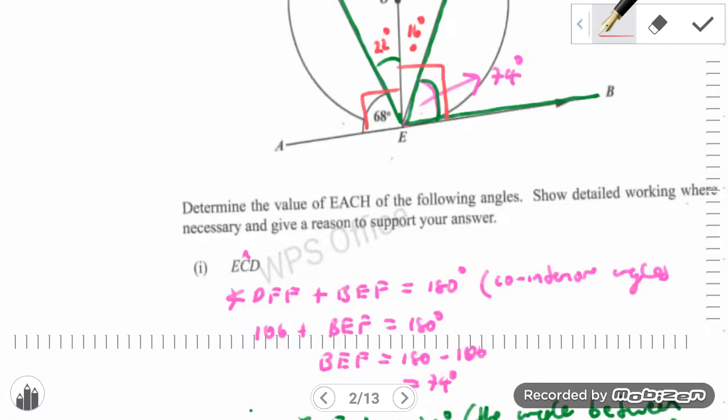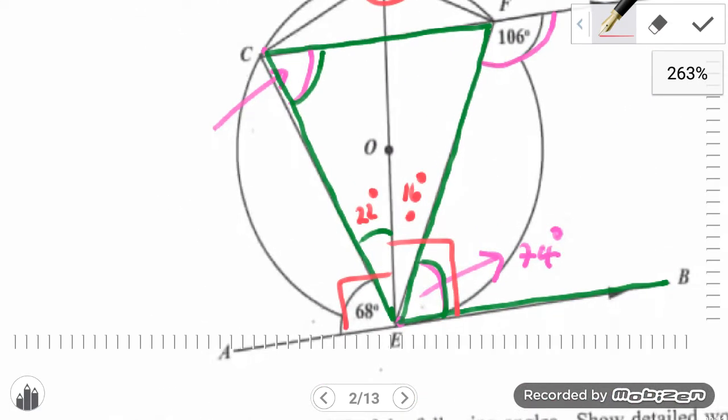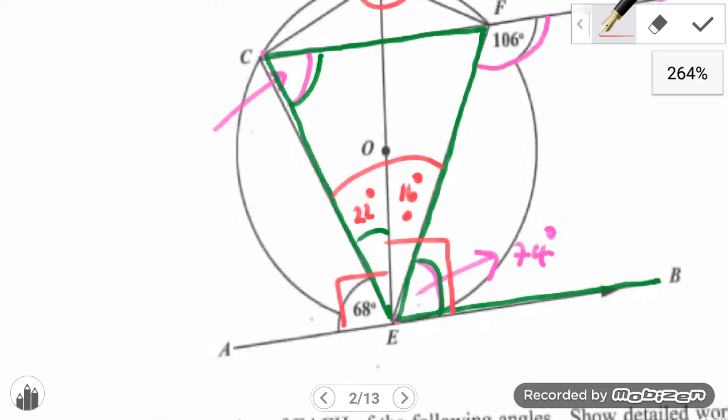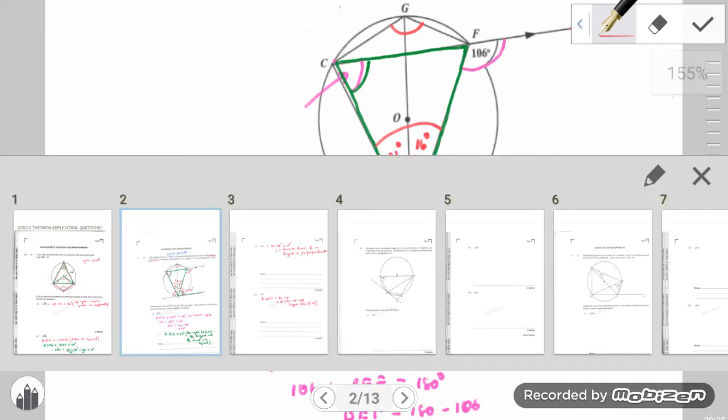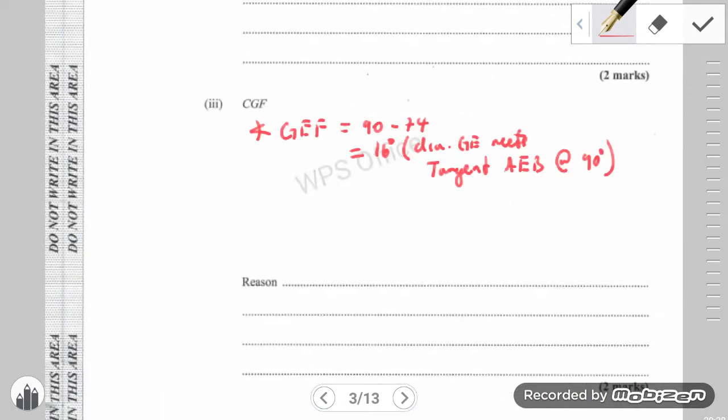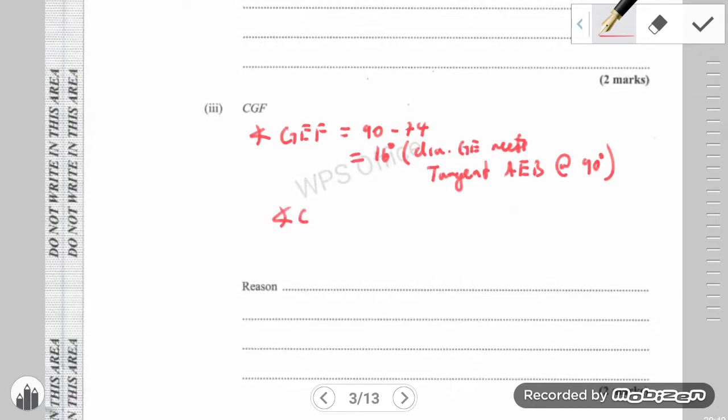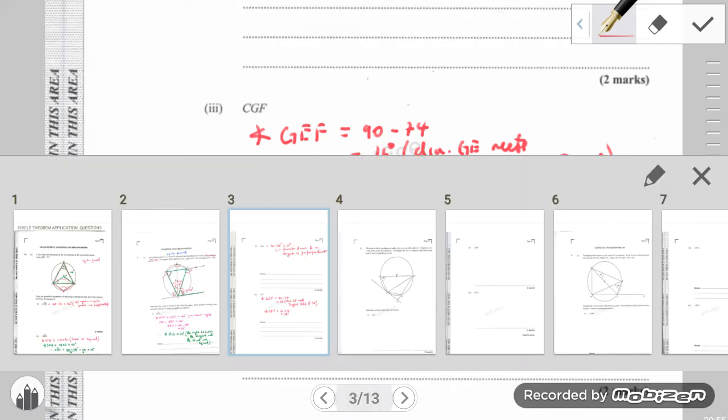We're gonna have to switch back and forth, guys. Notice now that the 22 degrees that we had found earlier plus the 16 gives us an angle here. So let's state the sum of those two angles, CEF. So angle CEF is equal to 22 plus 16, and that's equal to 38 degrees. All right, there's no reason for that. That's just clearly the sum of two adjacent angles.